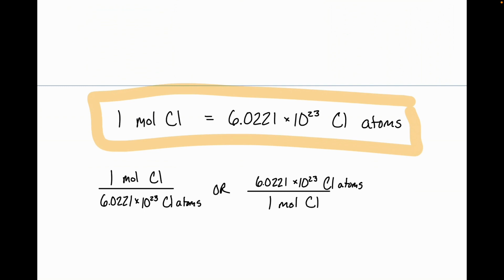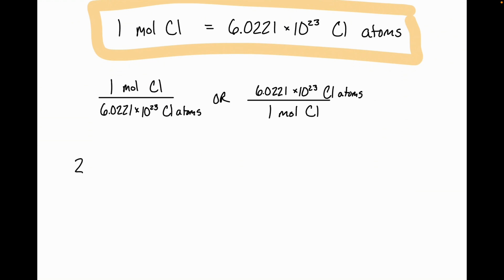We can do the exact same thing with Avogadro's number here. Okay? And now we would be converting between atoms and this quantity of moles. So what kind of thing could we do with this here? Let's say that I told you that I had 2.5 moles of chlorine, and I wanted to know how many chlorine atoms I had.